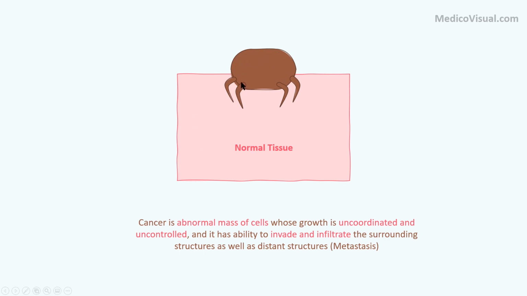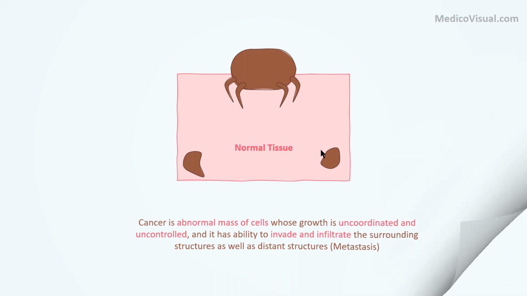It is named so because of its crab-like appearance. You can see that this is the cancerous tissue which has invaded and infiltrated the underlying normal tissue, and it can also metastasize to distant structures.